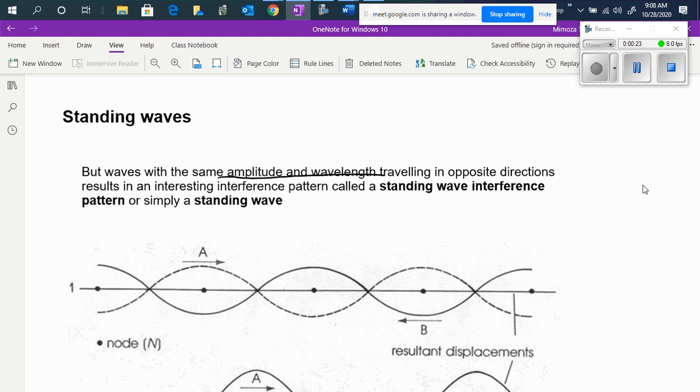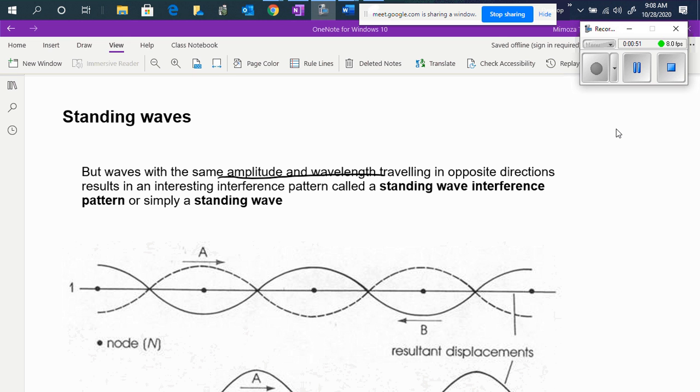The interference is when the waves are interacting with each other. When two waves meet at a certain point, what may happen during the interference is known as a constructive interference or destructive interference.